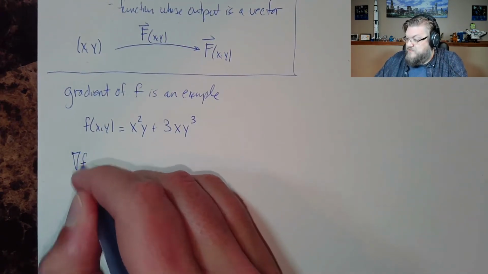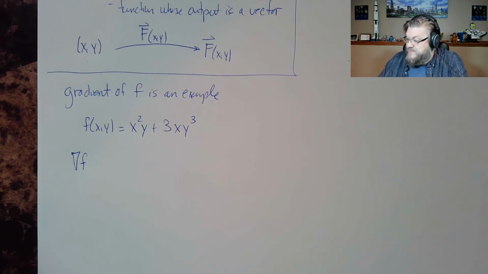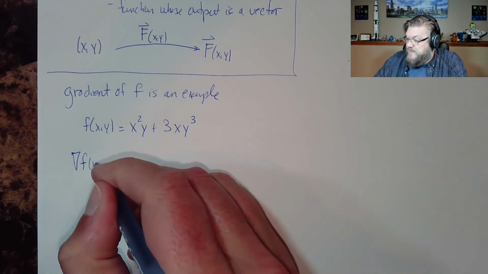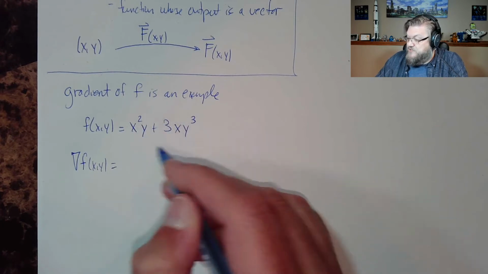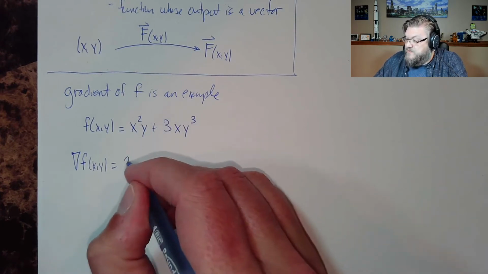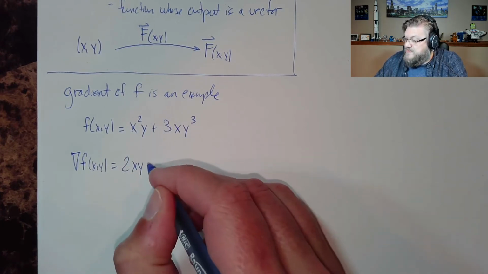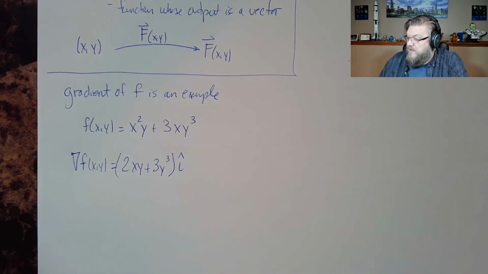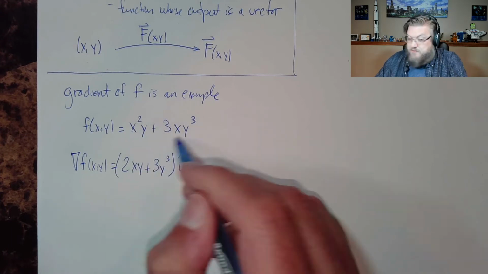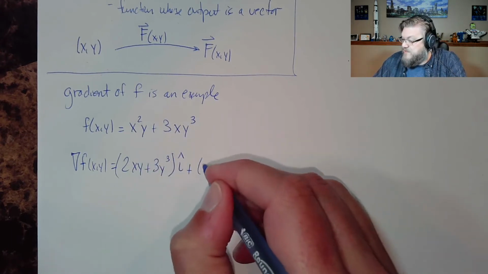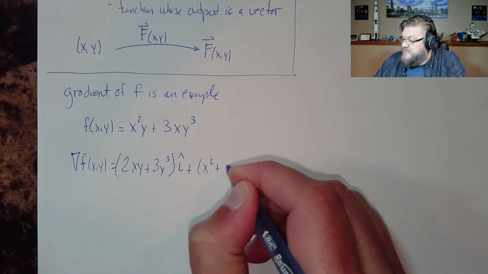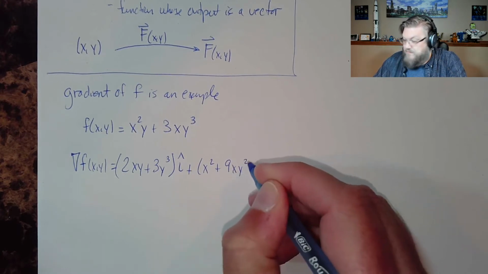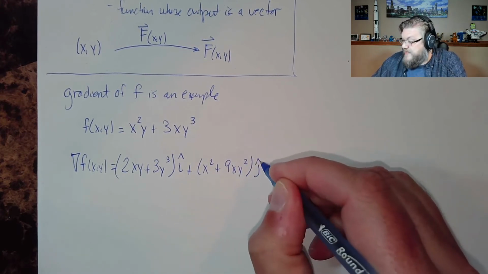Going back a chapter or two, I could say, what's the gradient of this? Well, that is going to be the partial derivative of this with respect to x, which is 2xy plus 3y cubed, i, plus the derivative of this with respect to y, which would be x squared plus 9xy squared, j.